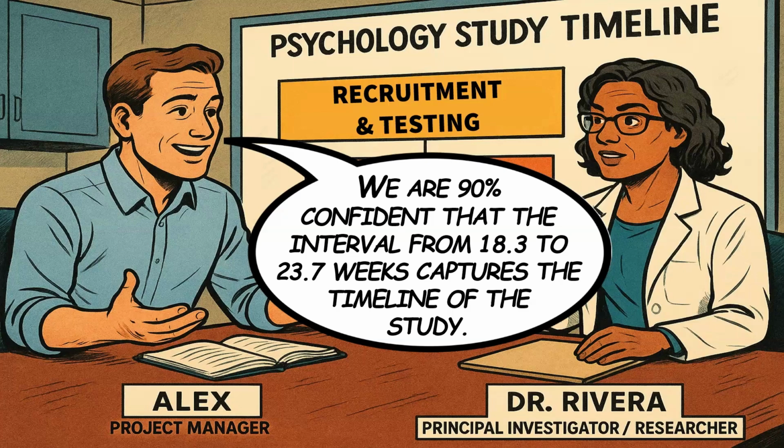So it's almost like throwing a net out into a random sea, and you are 90% confident because of the size of your net that you're going to capture whatever it is that you're trying to capture. In this case, the timeline of the study. I'm just saying this because in the textbook and when you read about confidence intervals, some people are really sticklers for saying that you need to talk about a confidence interval like this and not like this.